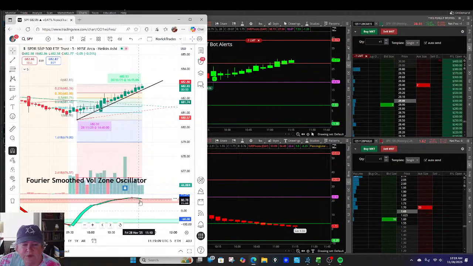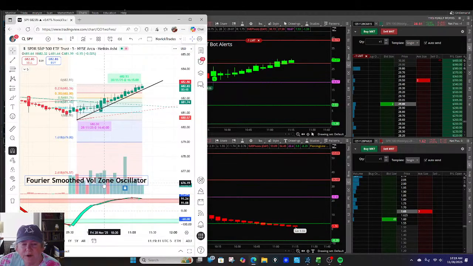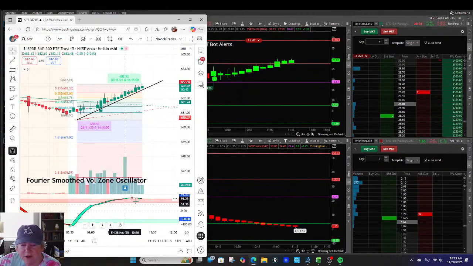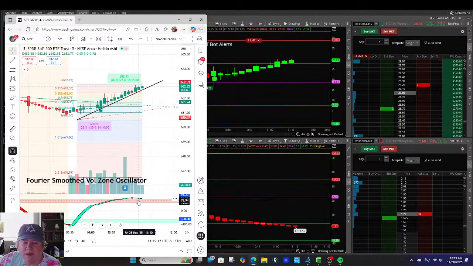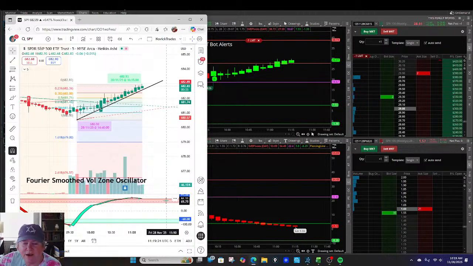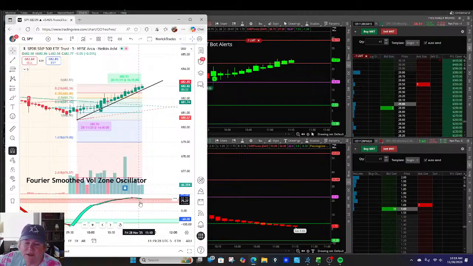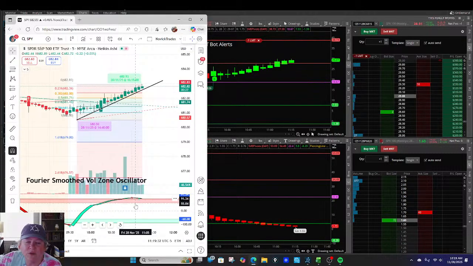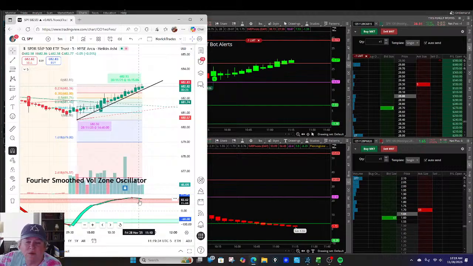Now, the Fourier smoothed volume oscillator, which is right here, tells me that this is overbought. But I've seen it there before, and I've seen it just hang out for a while. So that's all that means, that according to this, it's overbought. But we do have a green circle here, so that's a sign that there's going to be a continued uptrend.